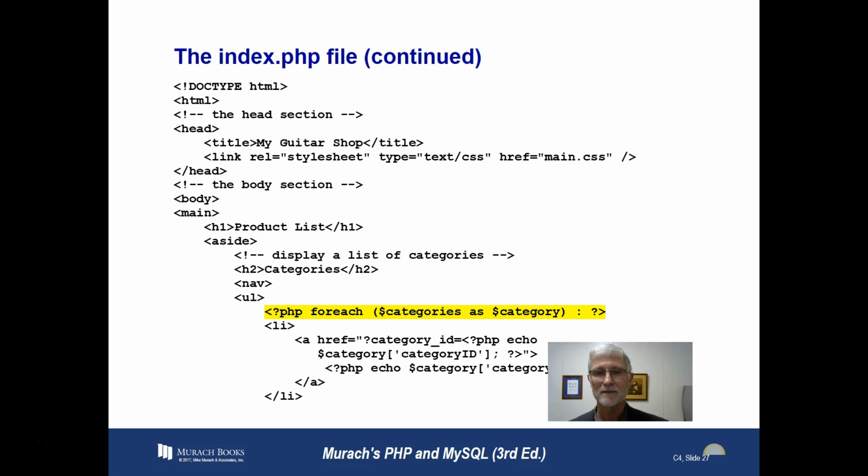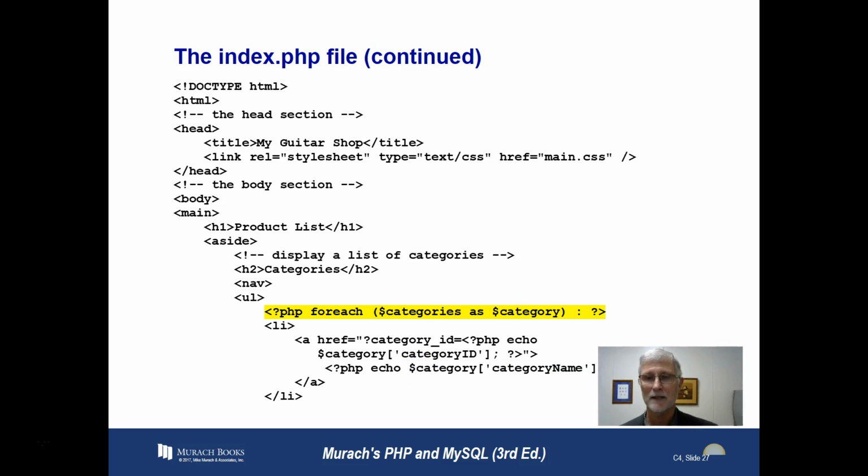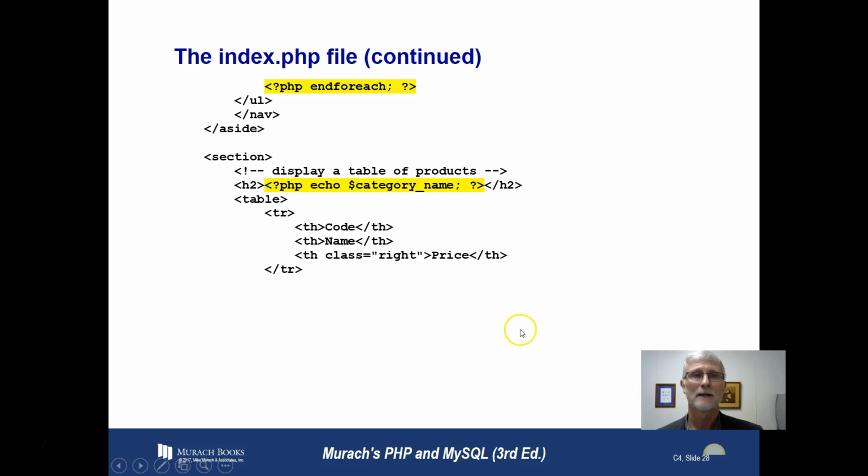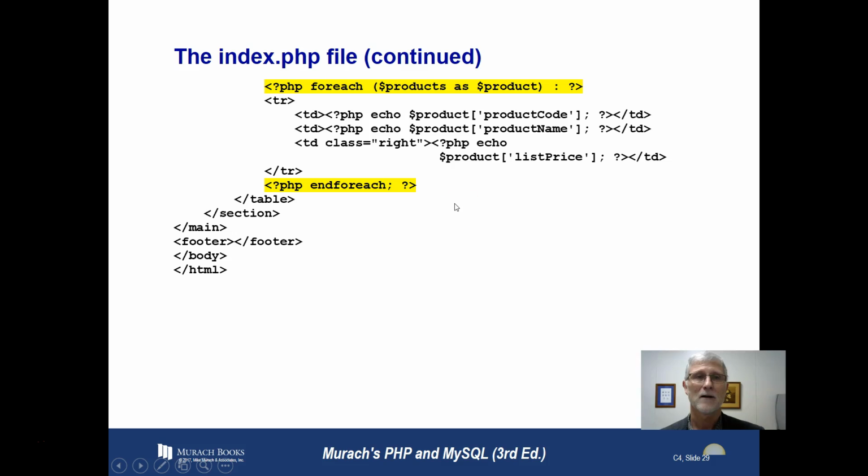I'm going to, let's slide that out of the way, category ID, echo what the category is. And I'm going to end that loop. And then I'm going to say, what is the table there? Echo the category name. So all of that. And then here's all the products we're going through.